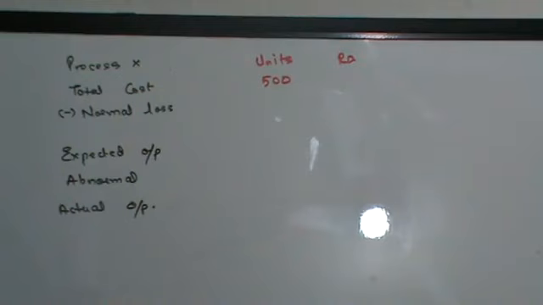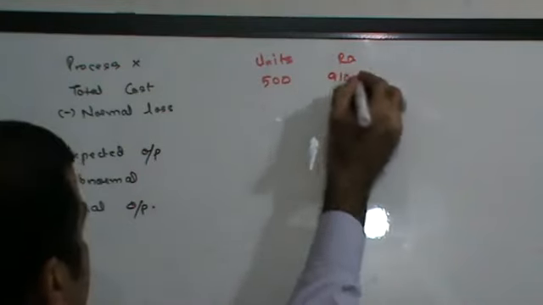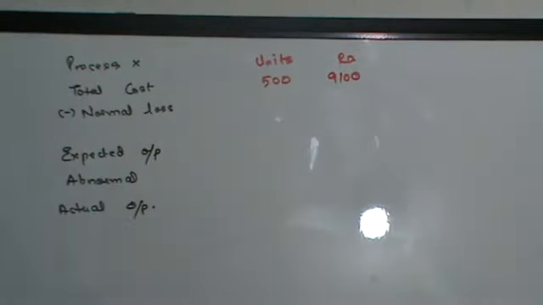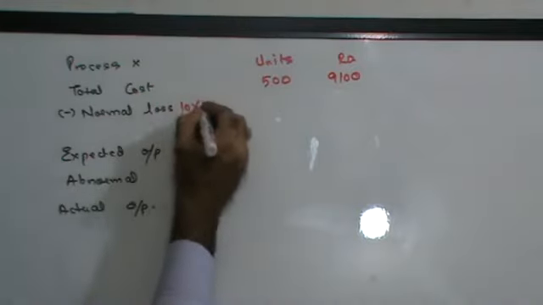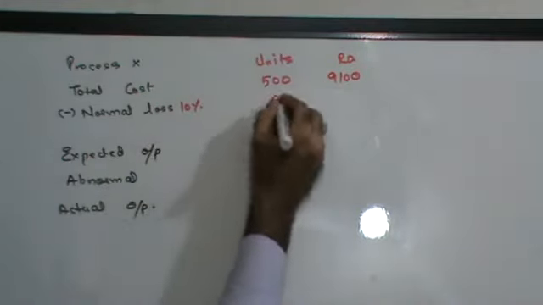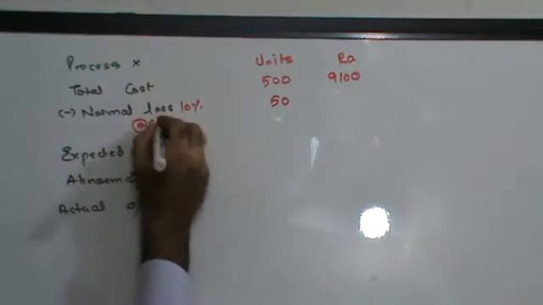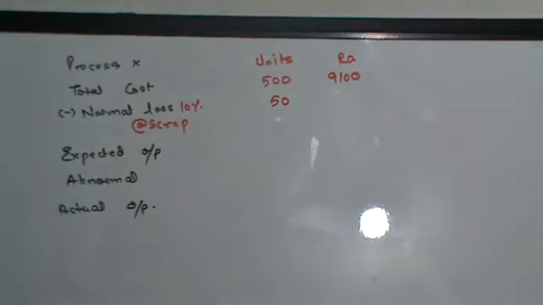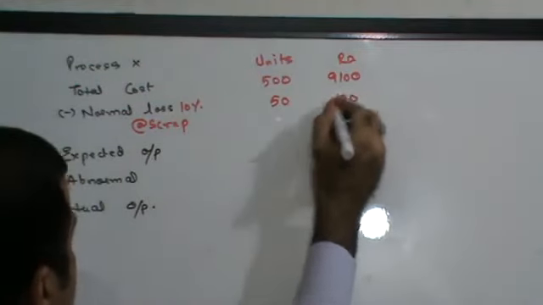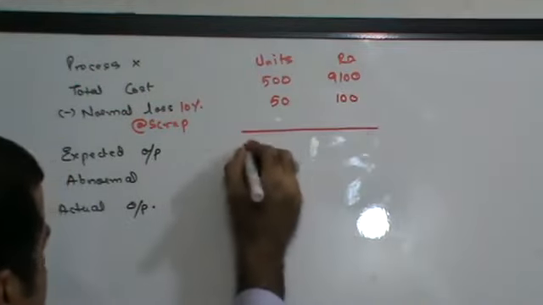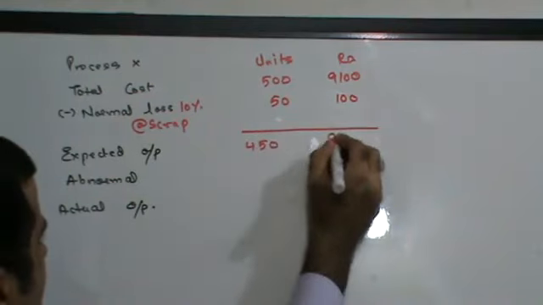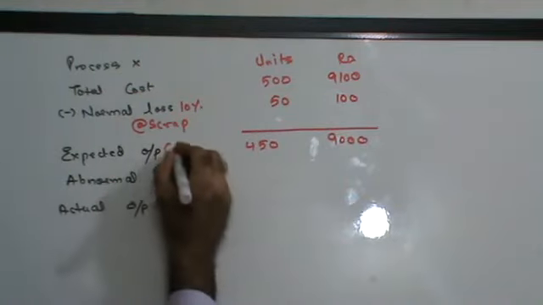So the total amount is going to be 9100. Normal loss is given to you as 10%. 10% of 500 is going to be 50 at the rate of scrap. Scrap value is given to you as 2 rupees. 50 into 2 is 100. So this is going to be 450 and 9000.